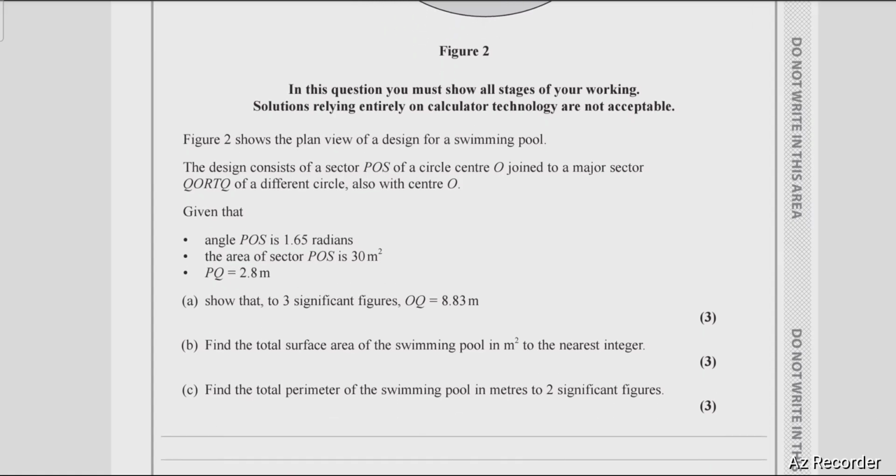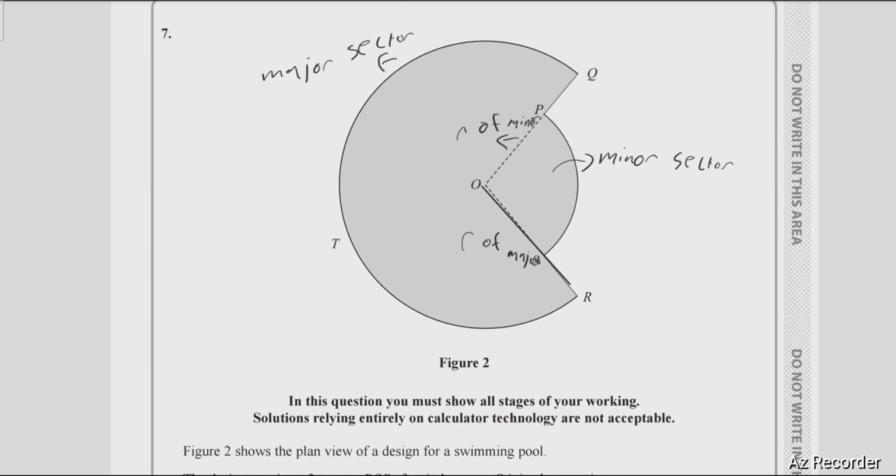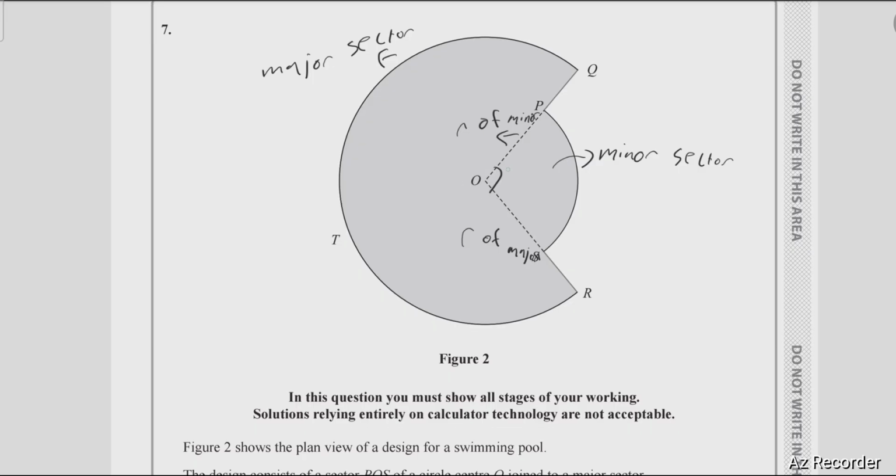Given that angle POS is 1.65 radians, that's 1.65. Now we know that the whole angle must be equal to 2 pi. So if that's 1.65, that angle must be 2 pi minus 1.65, because if you add them all together, it must be 2 pi.